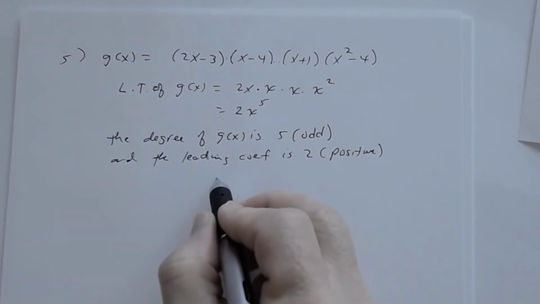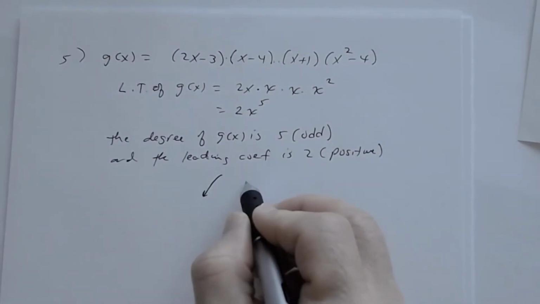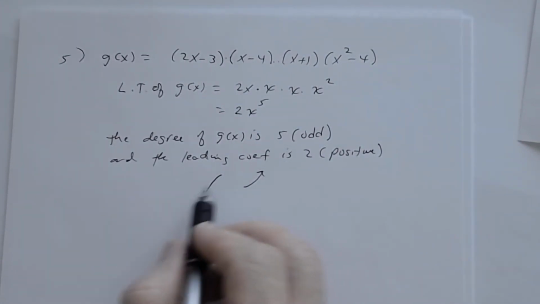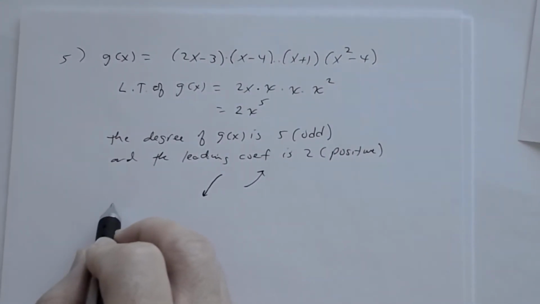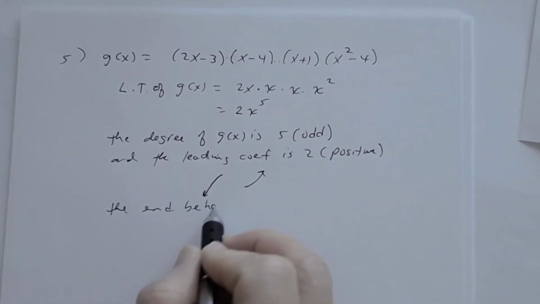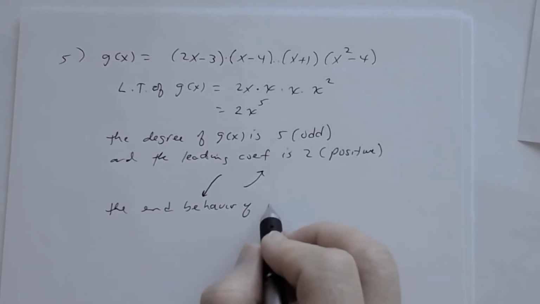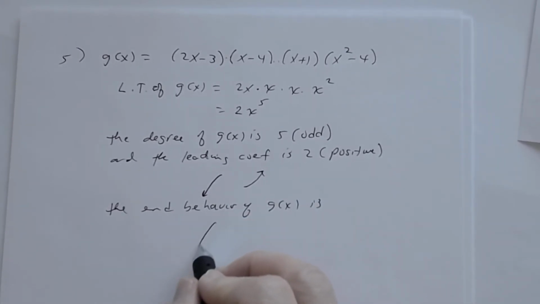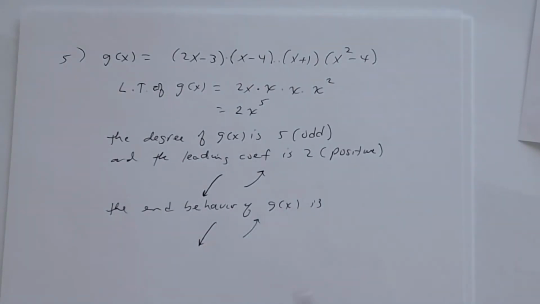On the left side, it points down. On the right side, it points up. So you would say the end behavior of g of x is, and then just rewrite this: on the left side it does this, on the right side it does this.